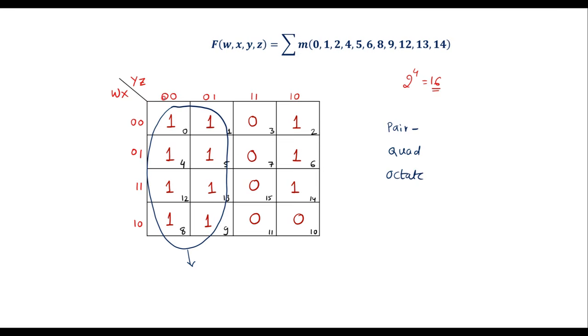The first number is with respect to the y variable, the second is with respect to the z variable. So 0 is with respect to y. Since it is 0, we should write it as y bar. Here it covers all 4 rows, so its value will be 1. As I said, an octet will reduce 3 variables. We have a total of 4 variables, and we got only one variable, that is y bar.